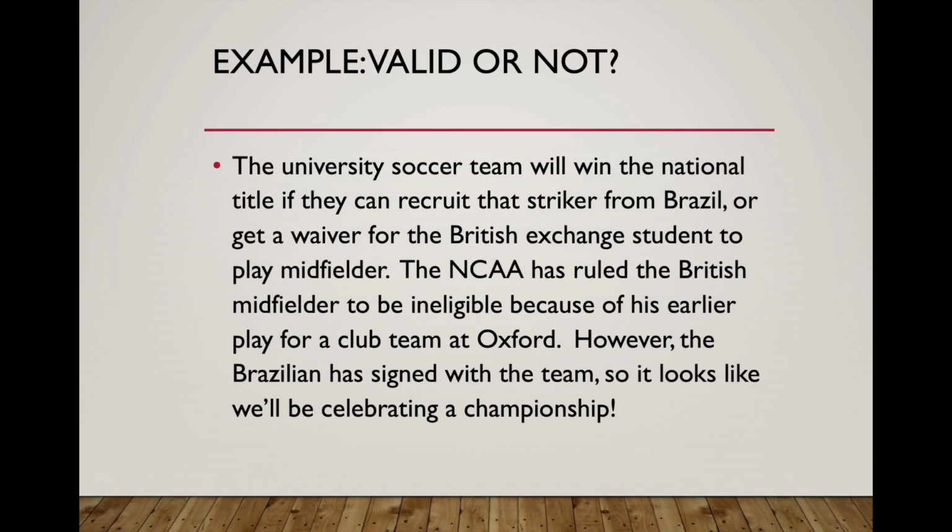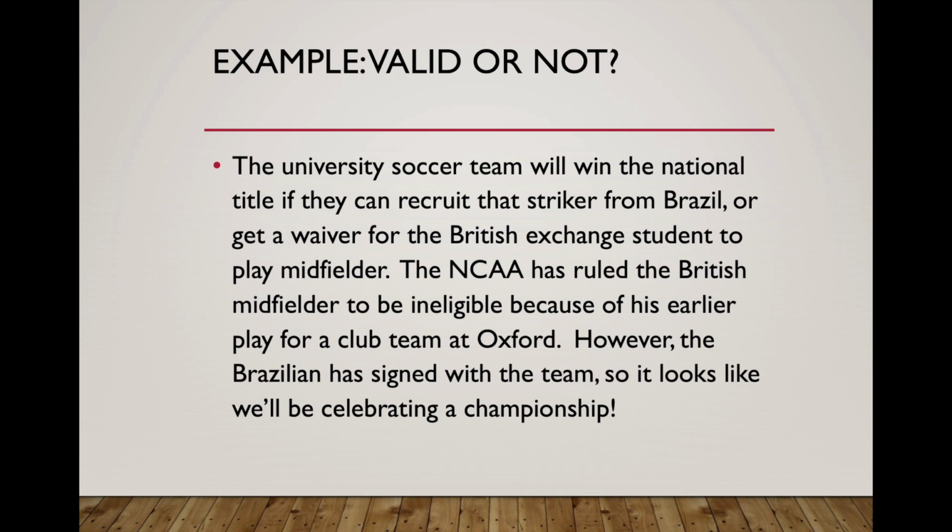Then we get further information. The NCAA has ruled the British midfielder to be ineligible, so we know that antecedent did not happen because of his earlier play for a club team at Oxford. However, the Brazilian has signed with the team, so we know the other antecedent has in fact occurred.